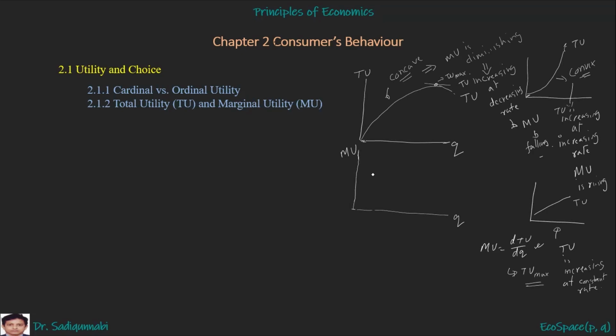What is the optimization rule for the first derivative? Optimization means either maximization or minimization. This rule is called the first order condition, FOC: when dy/dx is equal to 0, then it is either max or min.